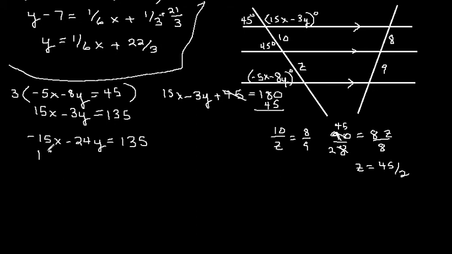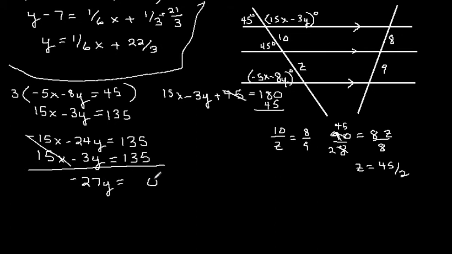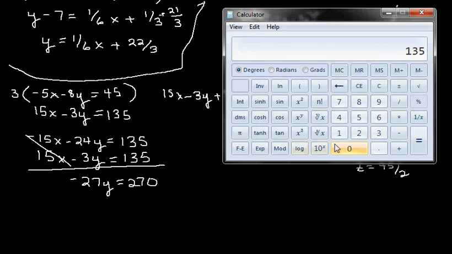And then I'm going to get 15x minus 3y equals 135. I hope this works. These are going to add out, and we're going to get negative 27y equals 270.